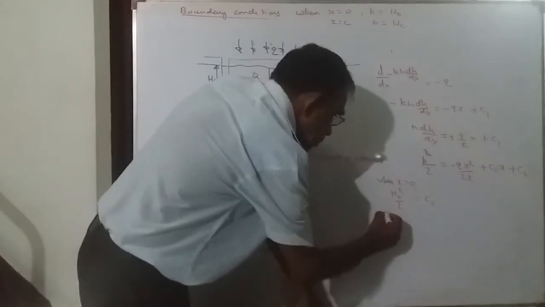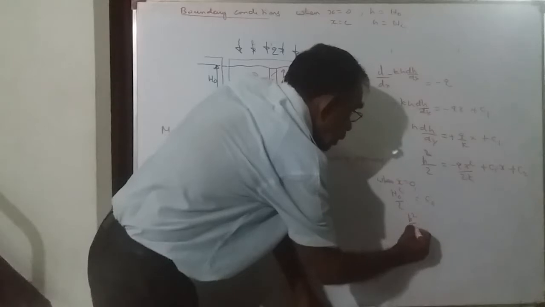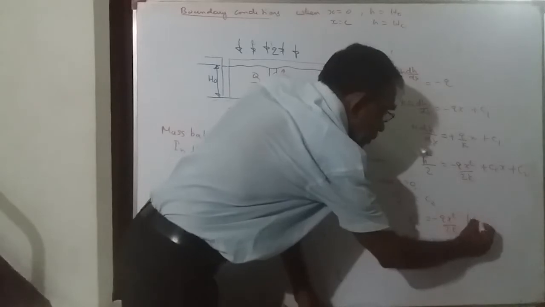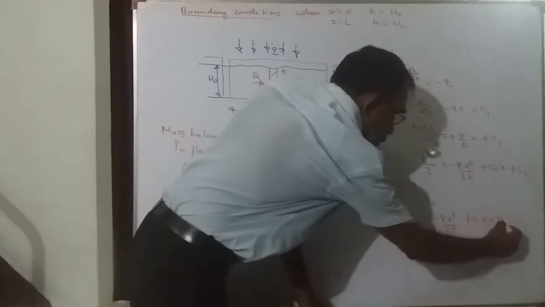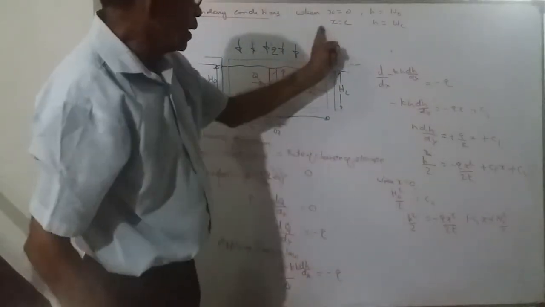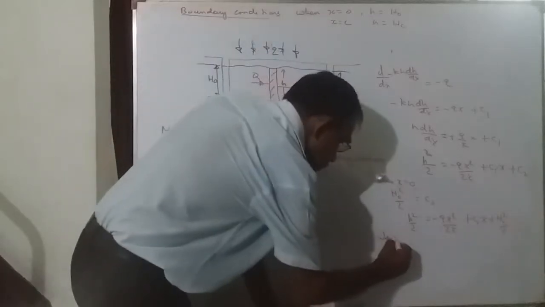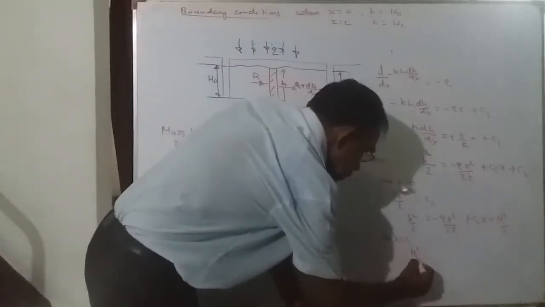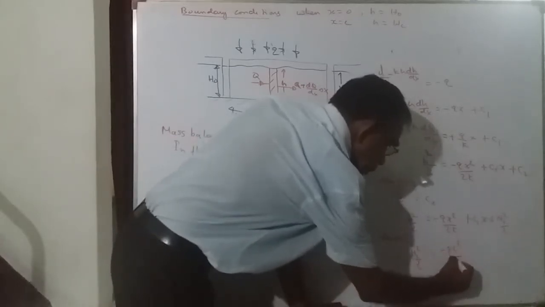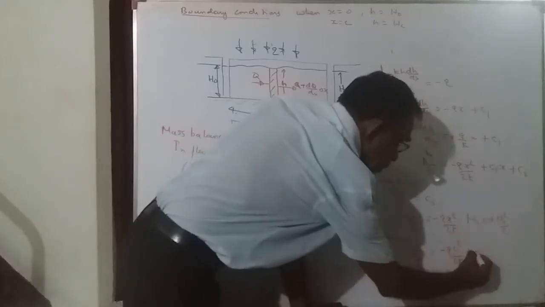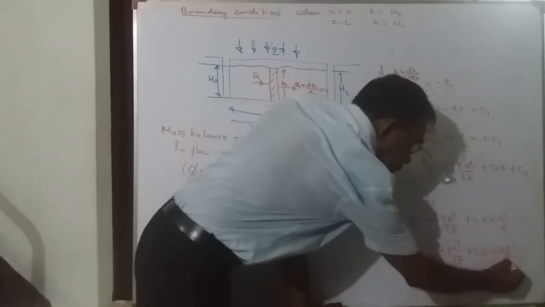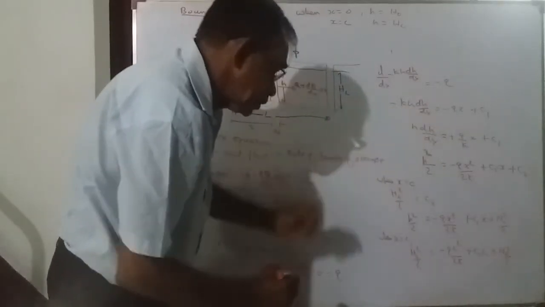Therefore h squared divided by 2 is equal to minus q x squared divided by 2k plus c1 x plus h naught squared divided by 2. That is the first boundary condition. For the second boundary condition, when x equal to L, hL squared divided by 2 is equal to minus q L squared divided by 2k plus c1 L plus h naught squared divided by 2.